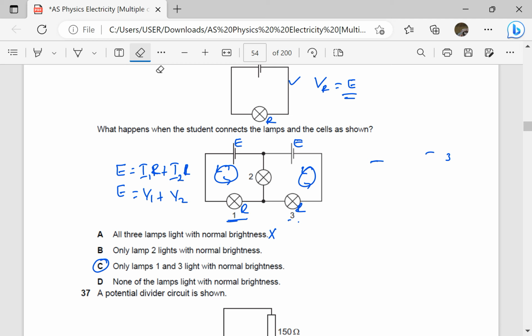Okay, if I decide to consider those two loops, you are going to notice if the loops are anticlockwise, the first loop E is going to be equal to V1 plus V2. If I consider the second loop, E is going to be equal to V3 plus V2.